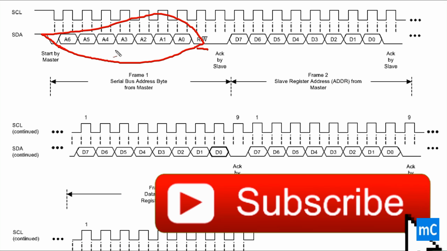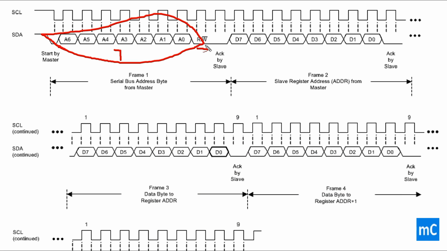Here the address is 7 bits, and the next bit is read or write, and then ACK is given by the slave by pulling the data line low when the clock pulse is generated.